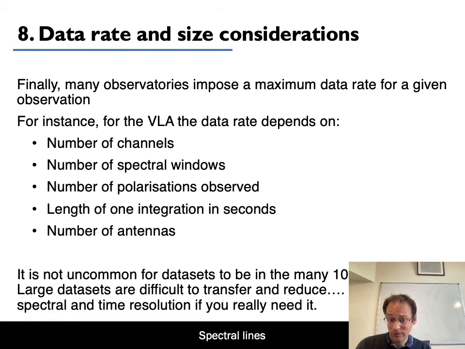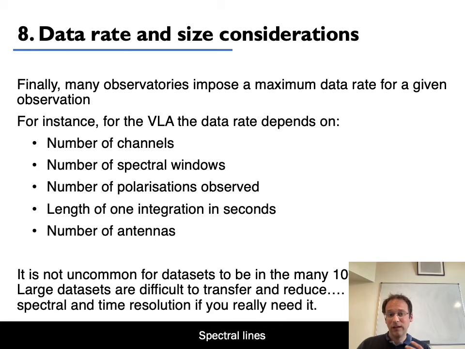And the final consideration, which is not so obvious, that I mentioned at the beginning, is that you want to consider what your data rates are going to be for this observation. You could have up to thousands of spectral line channels with modern correlators, and so the data volume could be considerably greater than a standard continuum observation where you're averaging in frequency. So when you're looking at high spectral resolution, or indeed high time resolution, or multiple polarization channels, you do need to worry that your data rates may be very large.